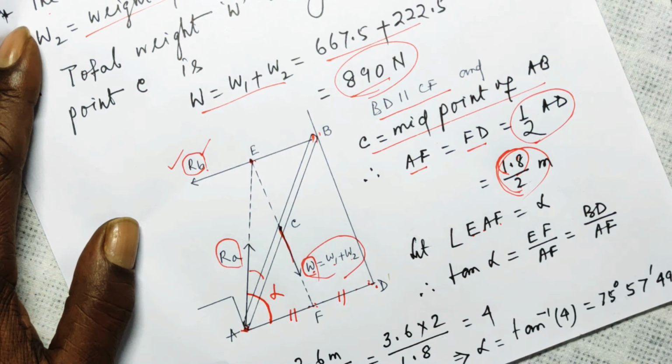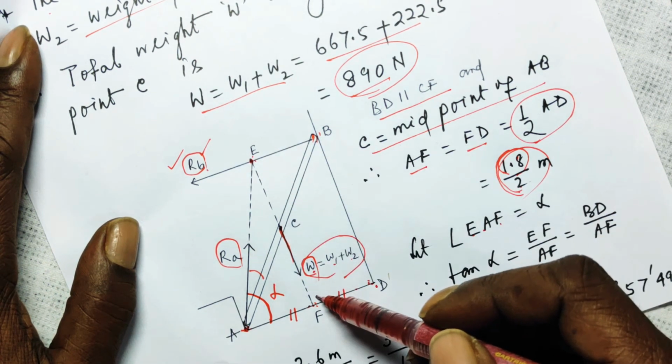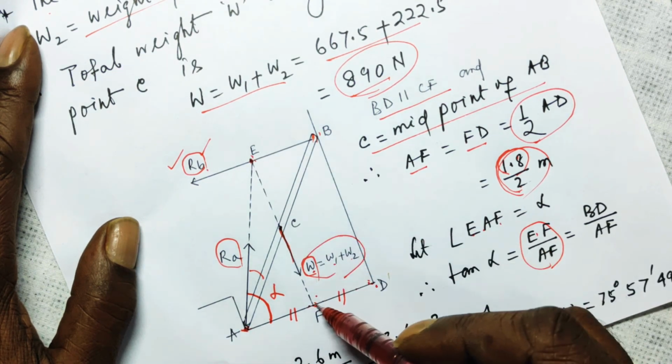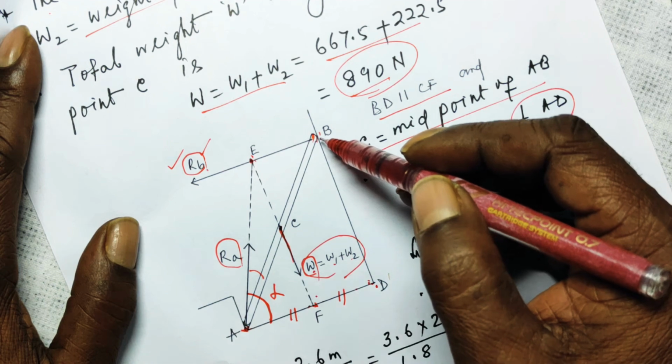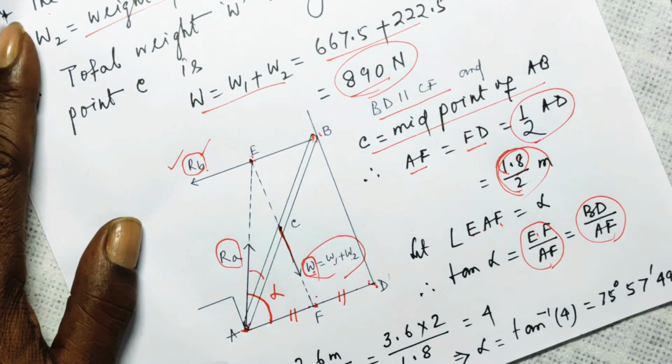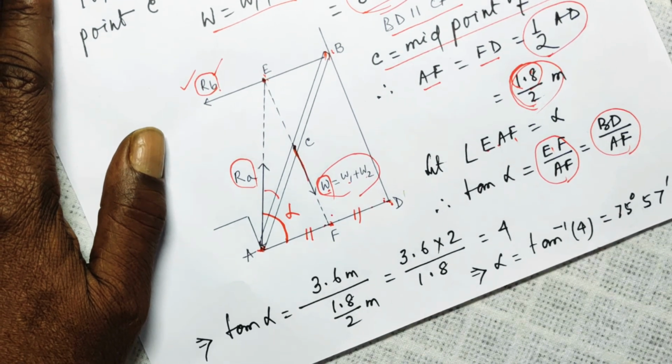So tan alpha will be EF over AF, and EF has the same length as BD, so that is equal to BD over AF. Now put the values.